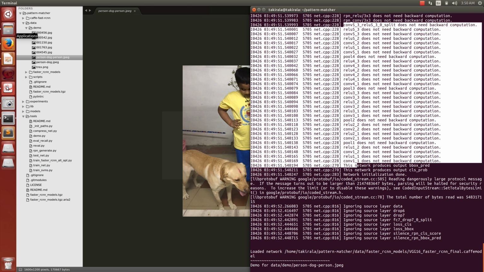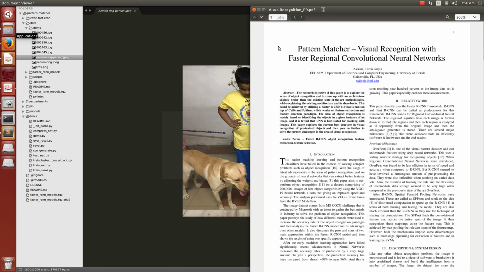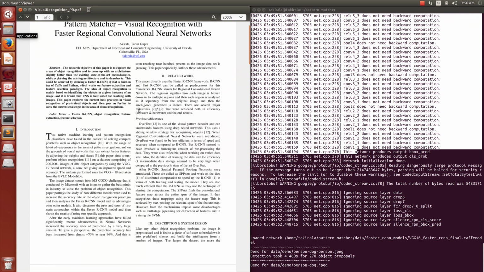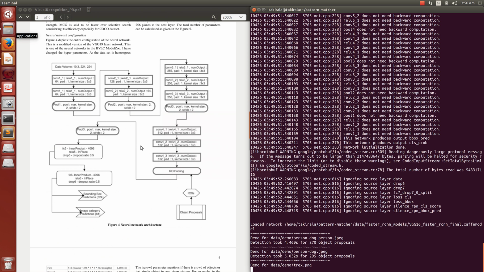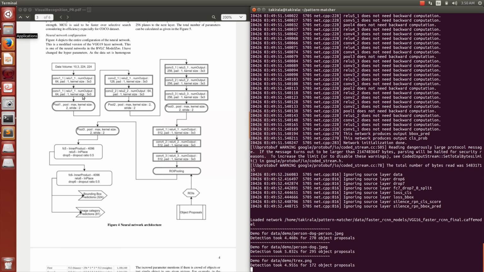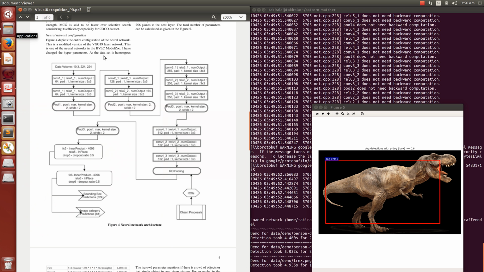Let's see the neural network while the system processes this data. This is the architecture of the neural network that we have here. We have a convolutional neural network that has 12 layers. This is just a brief outline of how the image flows through the network.